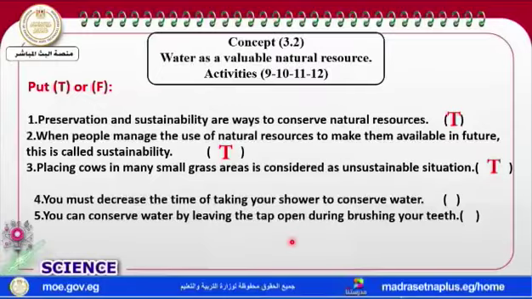But sure, after we finished concept 3.2, which talks about water as a valuable natural resource, all of us have a very important role to preserve fresh water, because, my dear students, water is a valuable natural resource which we can't live without on the earth.